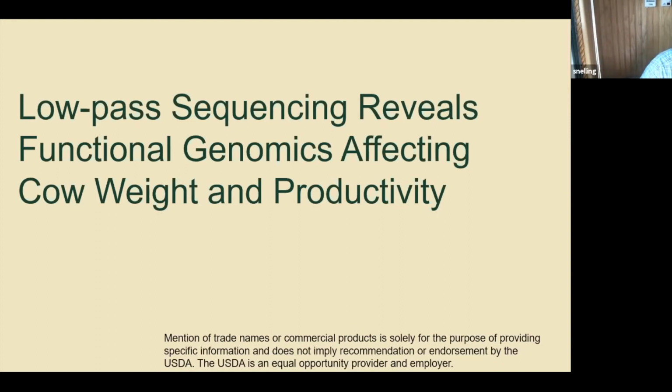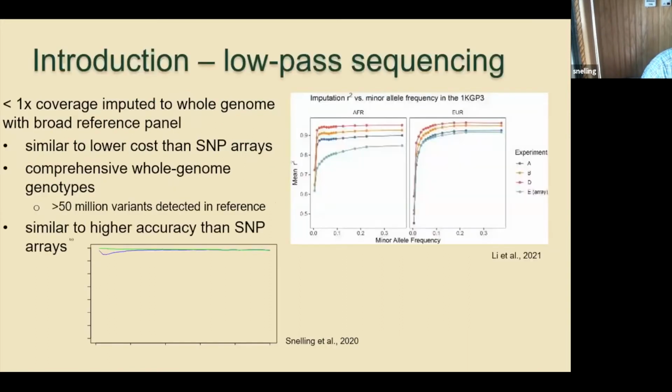If I can make these slides advance. Okay, so, the low-pass sequencing, we've explained it in quite a bit of depth earlier, but what it boils down to is low coverage whole genome sequence that's imputed to a large set of variants that are detected in an imputation reference panel.